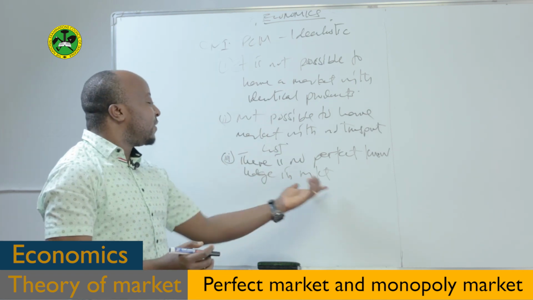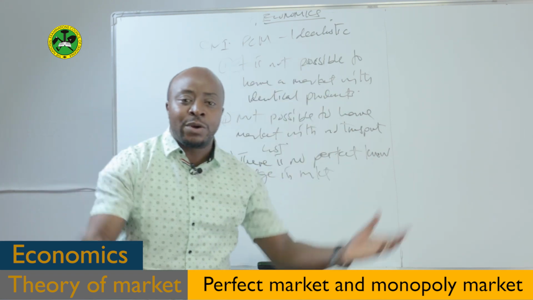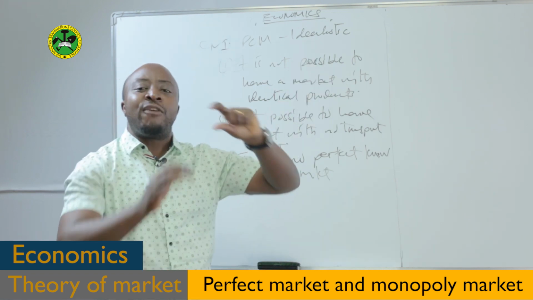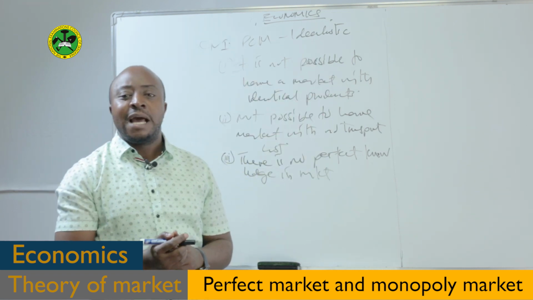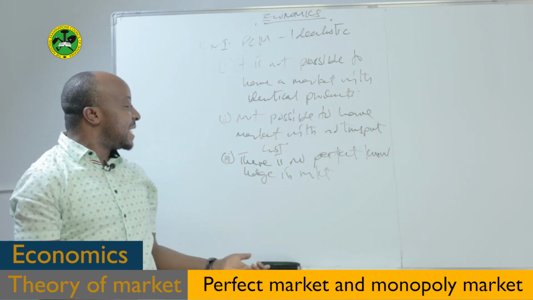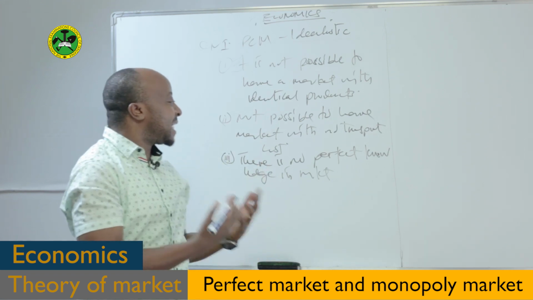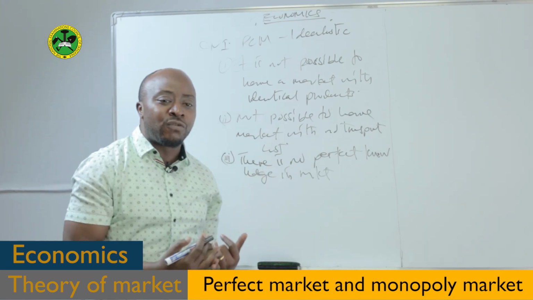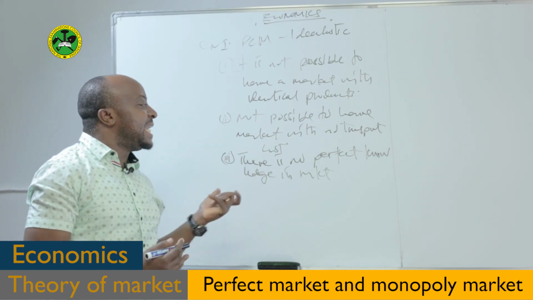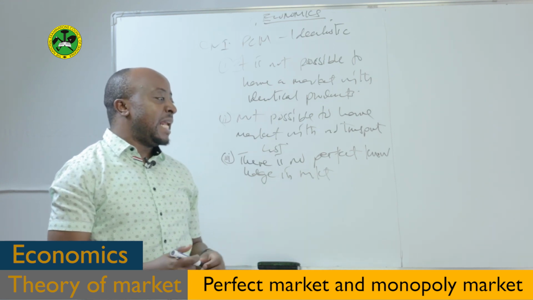We don't have a market of this tendency. Try to recall the market in the street where you live. Is it possible that sellers have all the information about their buyers, and you as a buyer have information about what is going on in the market? For example, in Dar es Salaam we have the largest market, Kariakoo. Is it possible for all sellers to know what is going on, and for buyers to know what is going on all the time? So that idea is not true. It is not true to have perfect knowledge in the market.